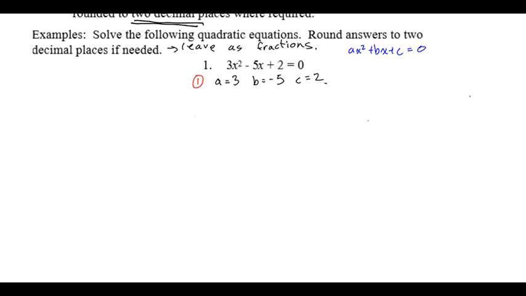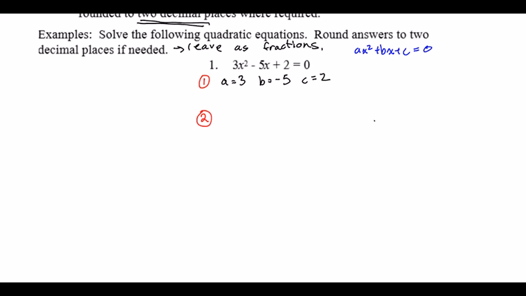Now we get to our brute force. What we're going to do now is go to stage 2 of our problem. So stage 1 was identify a, b, and c.